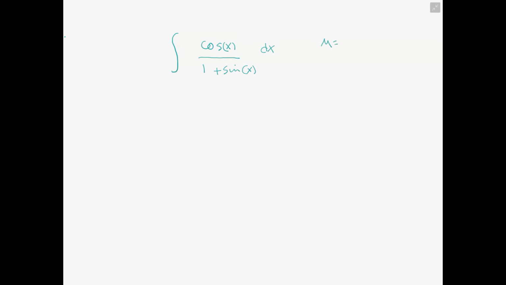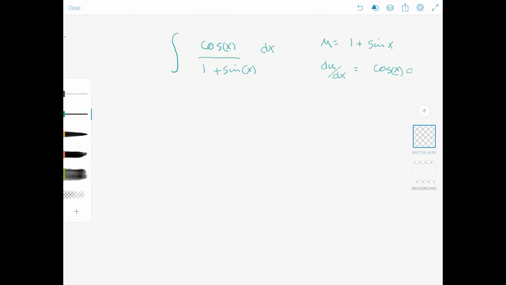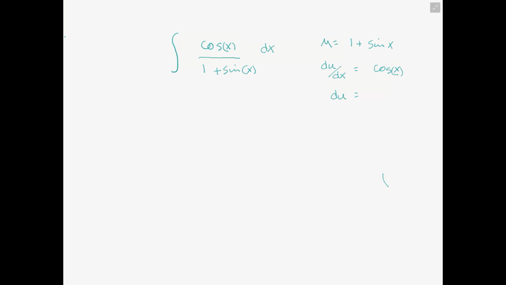Well, we try substituting. u equals 1 plus sine of x, and du/dx equals cosine of x, so du equals cosine of x dx.